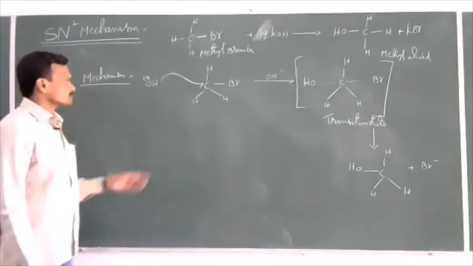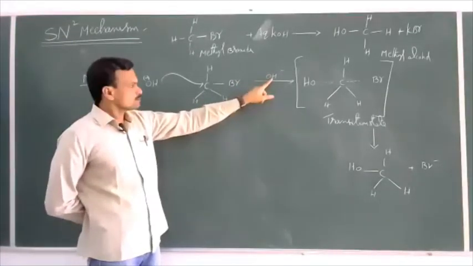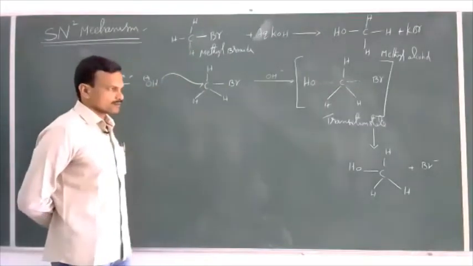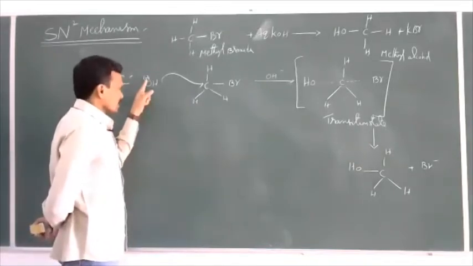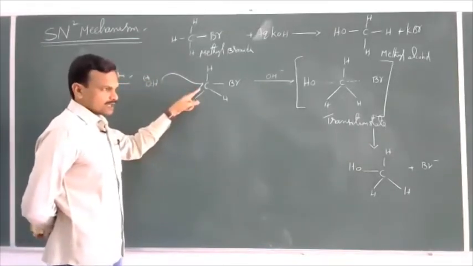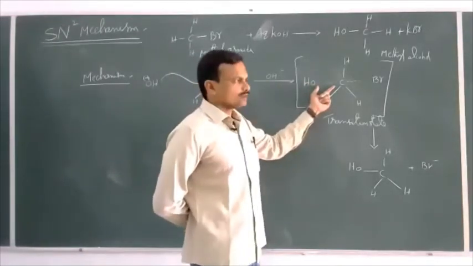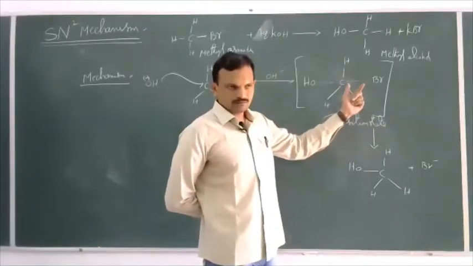See once again. The nucleophile OH minus attacks from the rear side of the carbon and partially donates a lone pair of electrons to carbon. As a result, a partial bond is formed between carbon and oxygen, and the bond between carbon and bromine breaks partially.